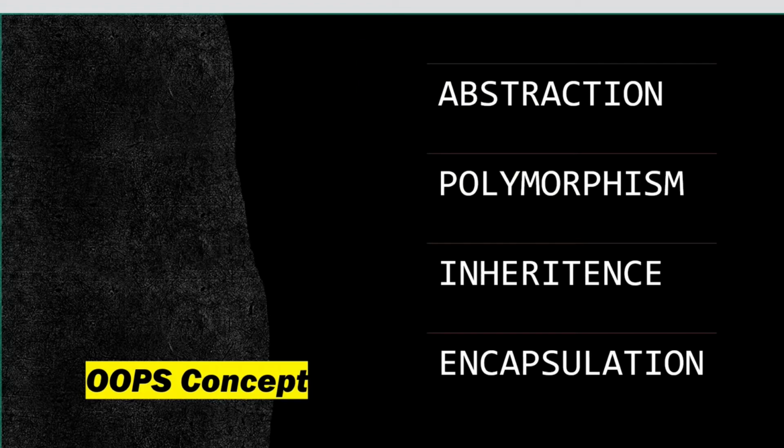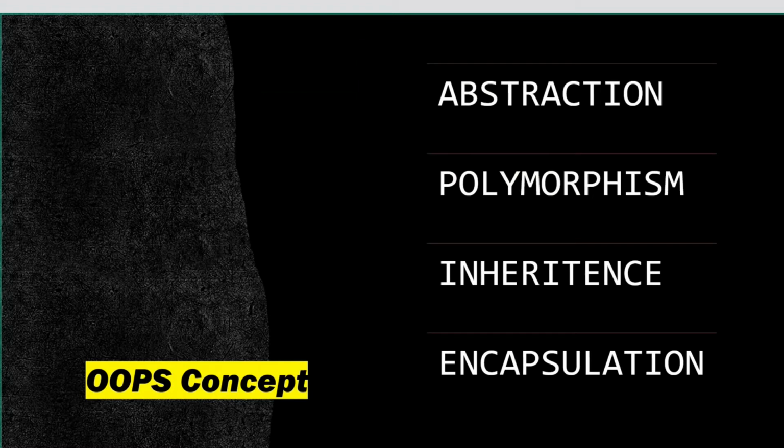That is your abstraction. How can we achieve the concept of abstraction in Java? Through two ways. First is the abstract class, second is the interface. Through an abstract class we can achieve 0 to 100% abstraction. What is the meaning of 0 to 100% abstraction?